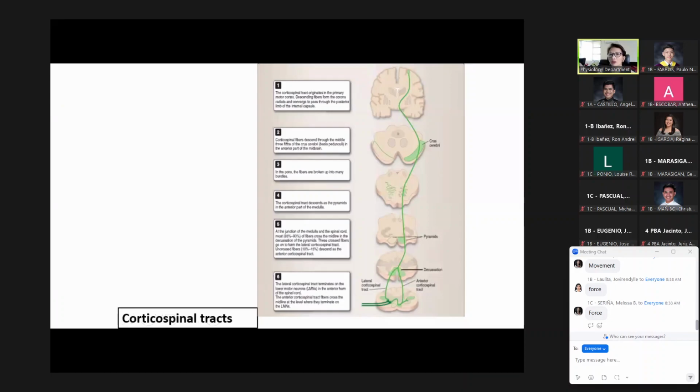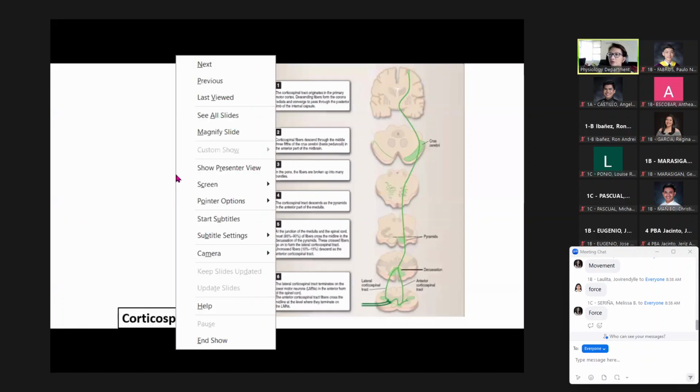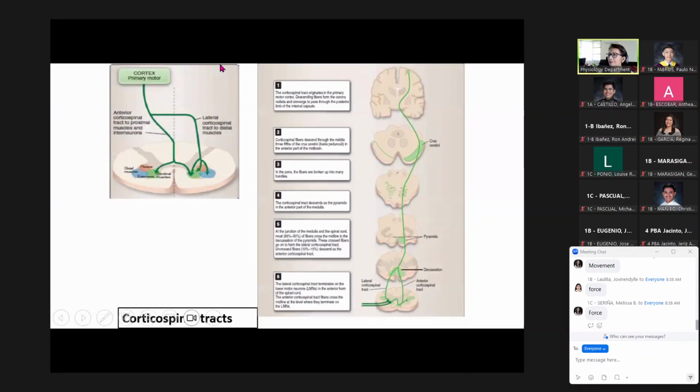Now how much of this pathway will give rise to your lateral corticospinal tract? Around 85%, 85 to 90%. The remaining 10% will be your anterior corticospinal tract. You can see they have different terminations. And through this, they will be influencing your lower motor neurons. So this is their termination.